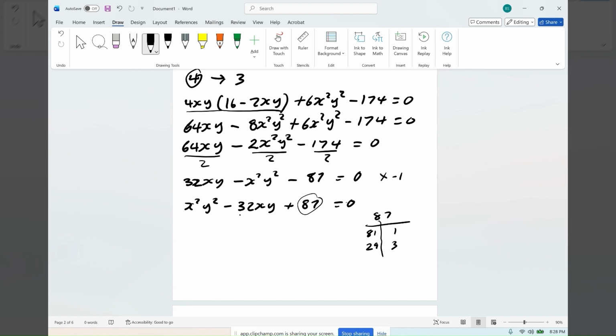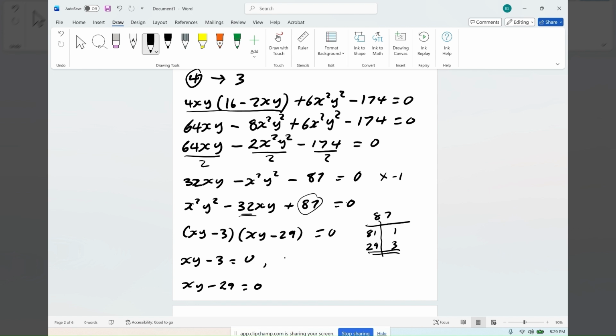When you add it up, you get 32, and the only one that works is 29. We now have (xy - 3)(xy - 29) = 0. So now we are left with two terms: xy - 3 = 0 and xy - 29 = 0.